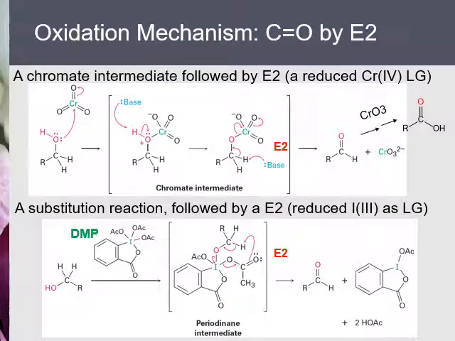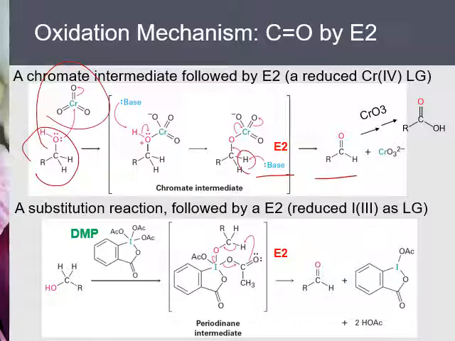Here we briefly show the mechanism of the oxidation reaction. Alcohol first attacks chromium oxide, followed by a base deprotonating the hydrogen. Aldehyde is formed, and this mechanism is E2 elimination. Aldehyde can further be oxidized to carboxylic acid.